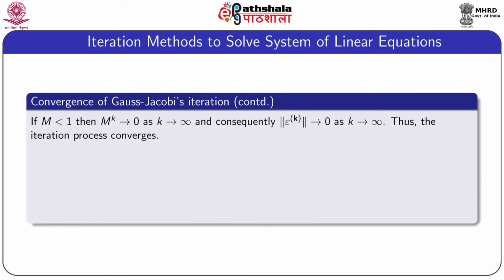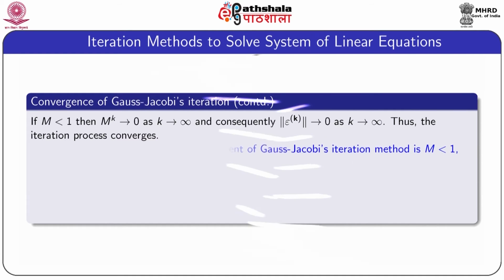Now if M is strictly less than 1, then obviously M to the power k tends to 0 for large k, and consequently the norm of the error vector at the kth iteration tends to 0 as k tends to infinity. Thus, we can conclude that the iteration method converges if M is less than 1.